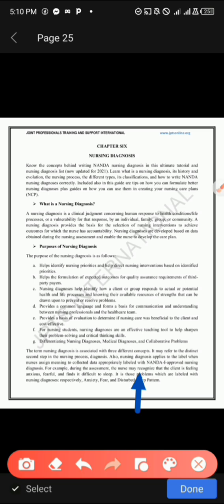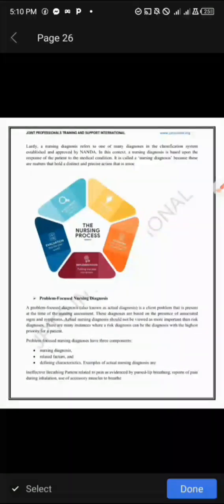Lastly, a nursing diagnosis refers to one of many diagnoses in the classification system established and approved by NANDA. In this context, a nursing diagnosis is based upon the response of the patient to the medical condition.